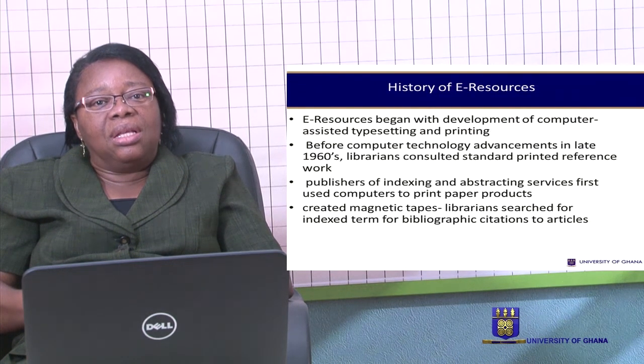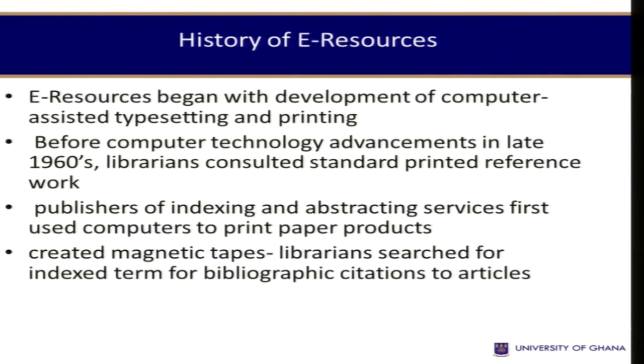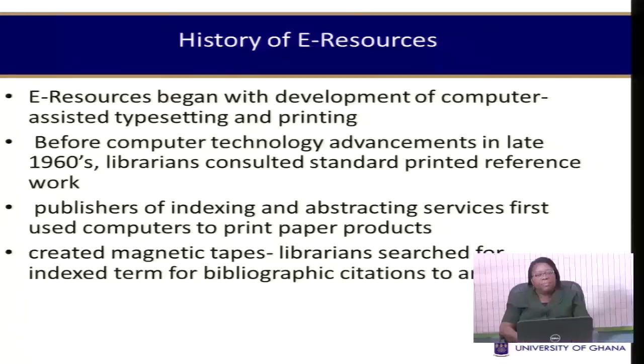So how did electronic resources start? It began with the development of computer-assisted typesetting and printing. Now, before the computer technology advancement in the late 1960s, librarians consulted standard printed reference works. That means they consulted the book reference works.